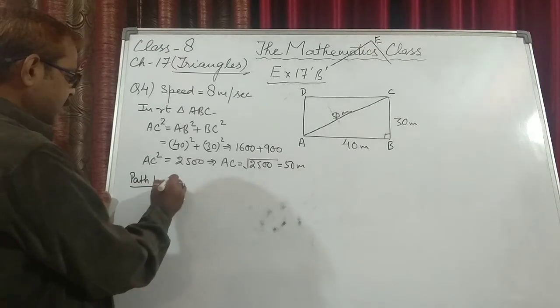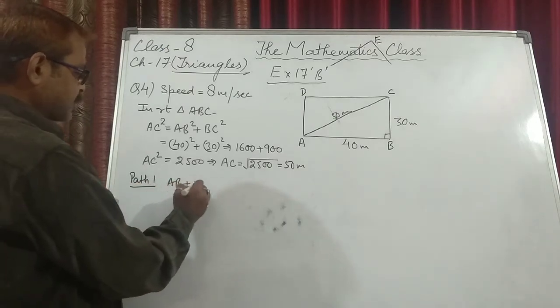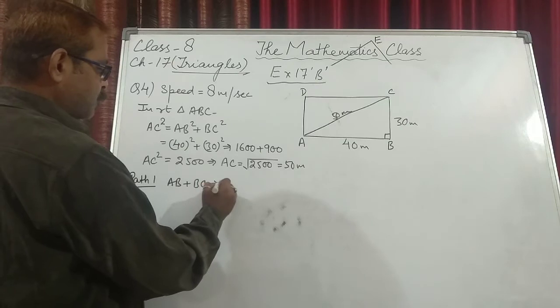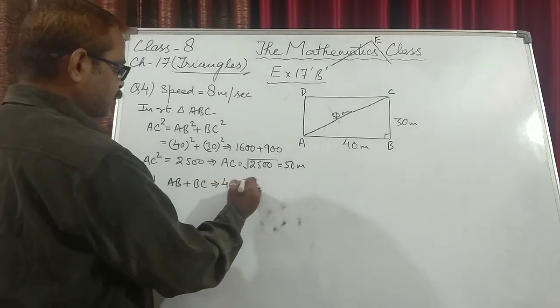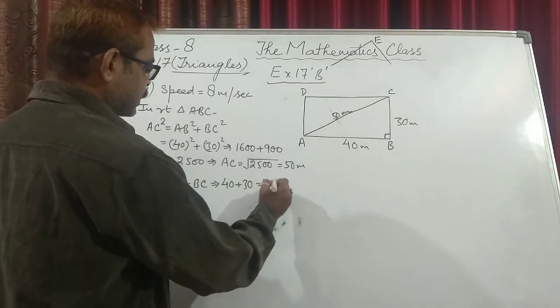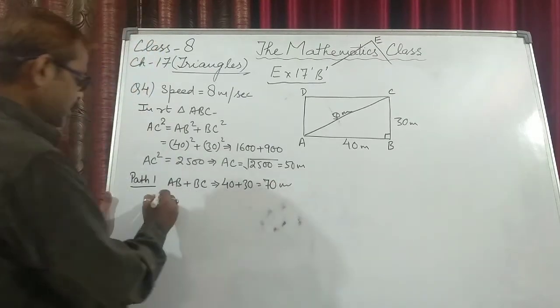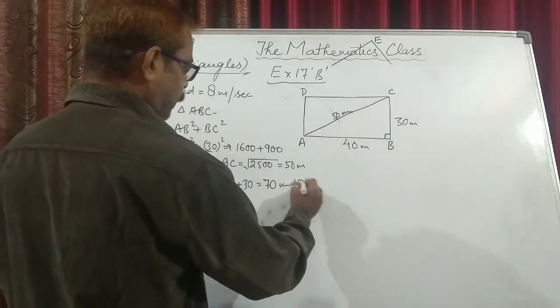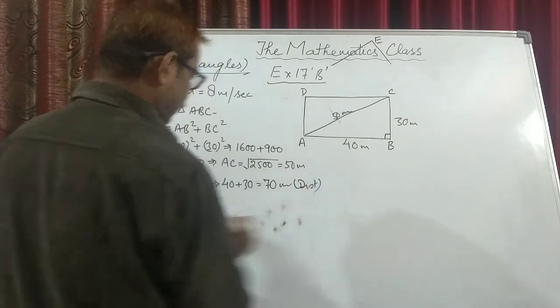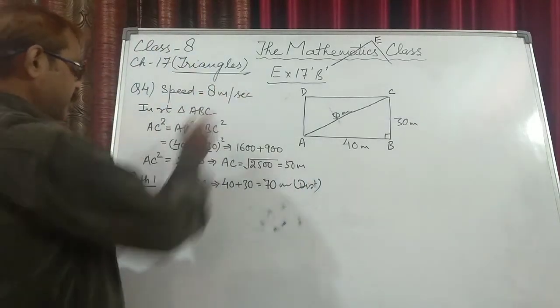So our first path 1 is AB plus BC. That comes out to be 40 plus 30, that is 70 meters. This is the distance we are supposed to travel, and speed is already given, 8 meters per second.